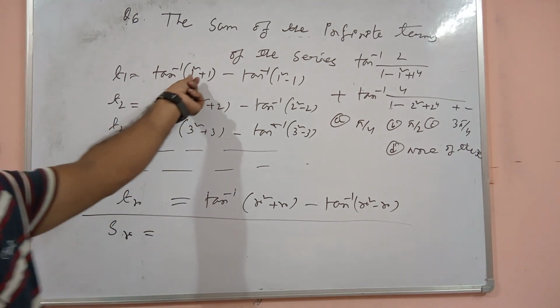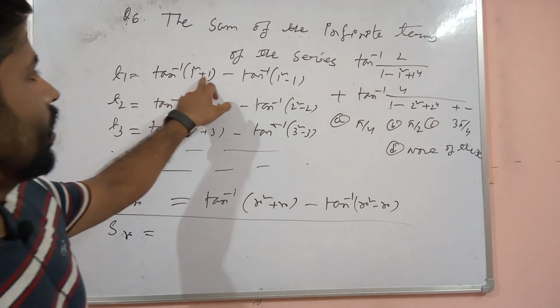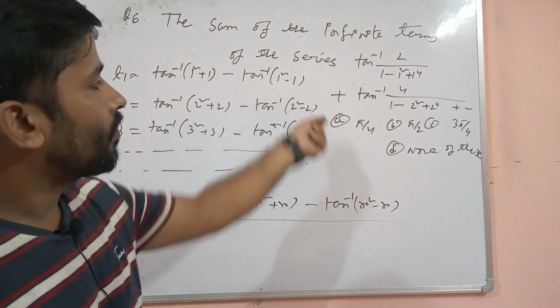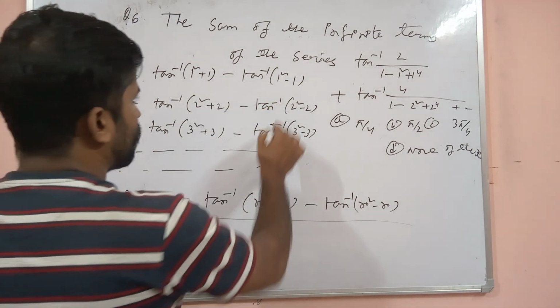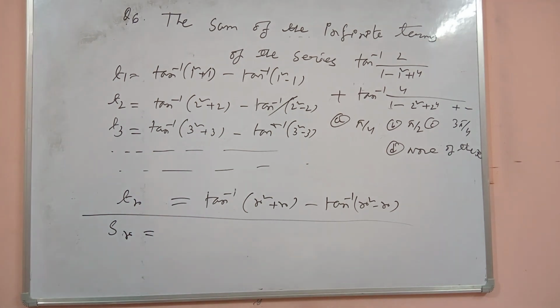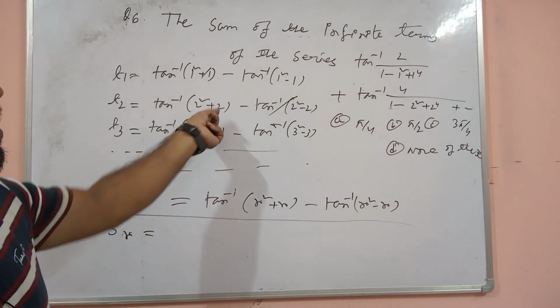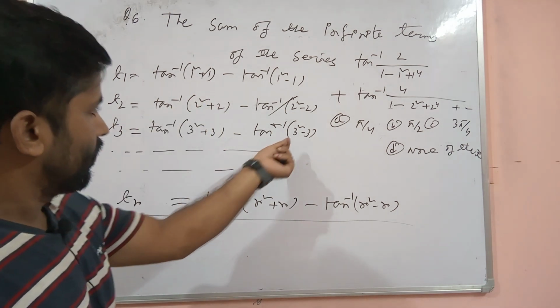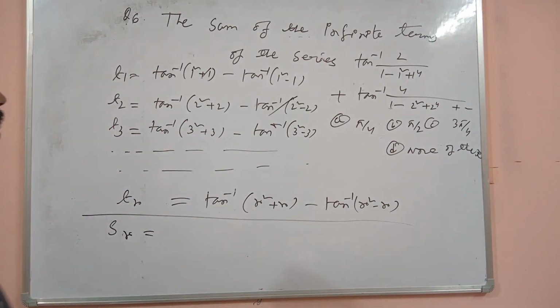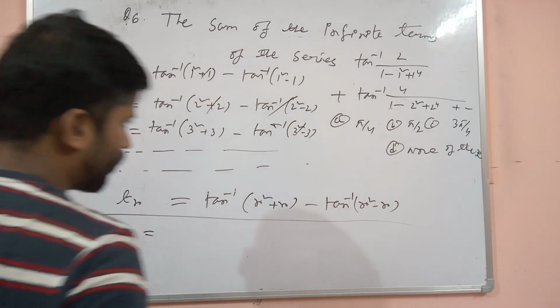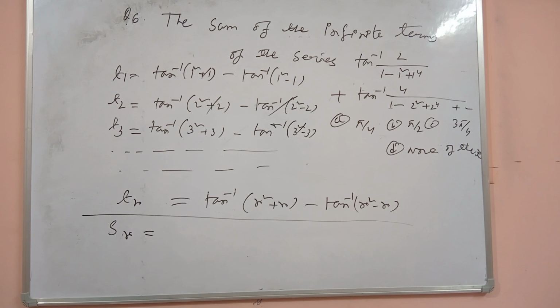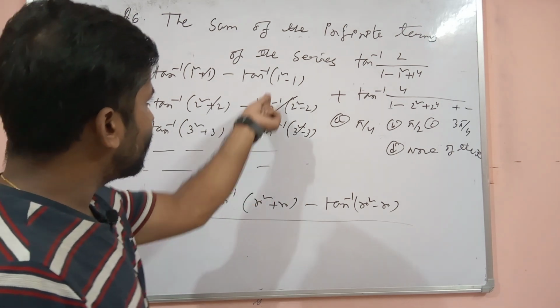Okay, it is tan inverse. 1 square plus 1 is equal to 2. 2 square minus 2 is 2. These should be cancelled. Okay, 2 square plus 2 is 6. 3 square minus 3 is also 6. These two would be cancelled. Likewise, all terms will be cancelled except these and this.